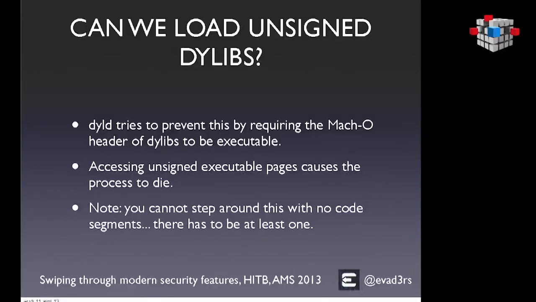That sounds weird, but it is the truth. They consider that if the library is executable anyway, the kernel will check the page access, so it's OK. Of course, if you access any unsigned executable pages, that will kill the process. The kernel will trigger and kill you.